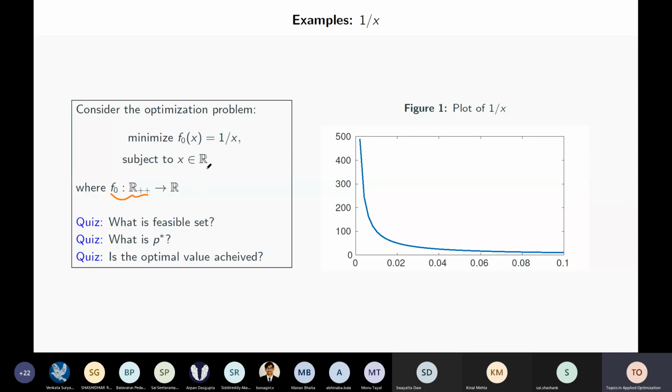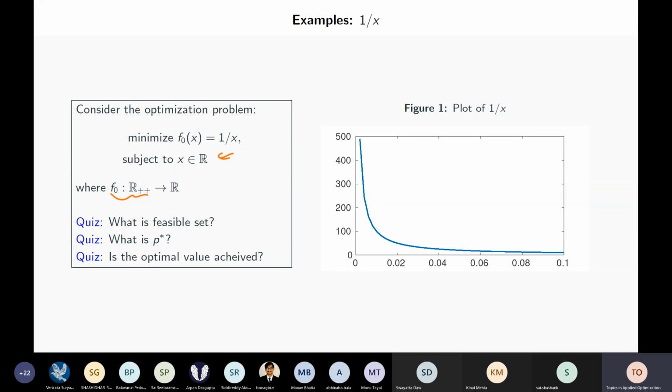Your x is now already restricted to positive R. You have to take the intersection, so you are restricted to positive values only. So the feasible set in this case will be the set of all strictly positive numbers.